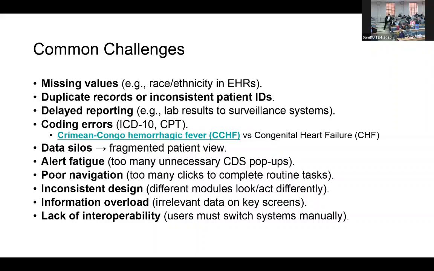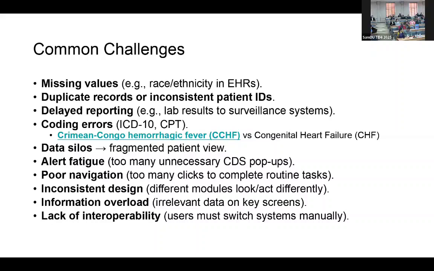They were curious about it and didn't know why, so they went into the data details and found that these were actually coding errors of CHF, congestive heart failure. So there's a lot that we need to look into.